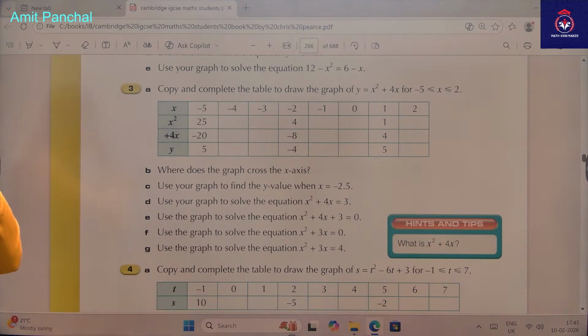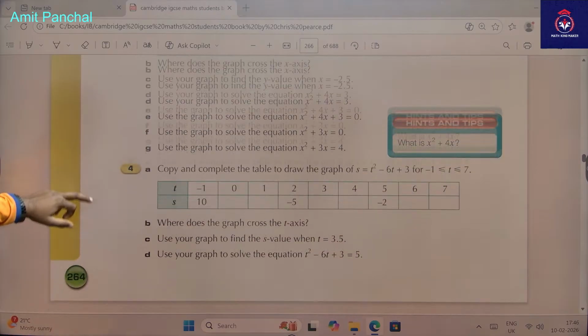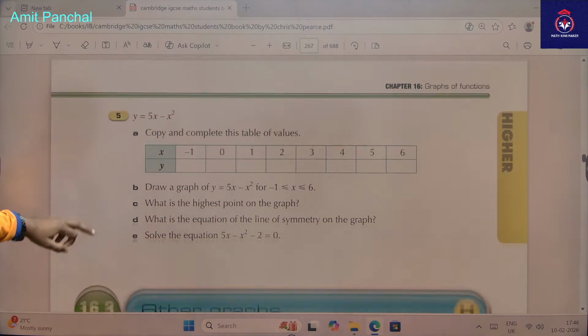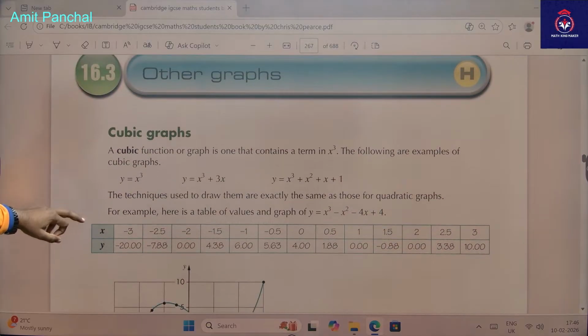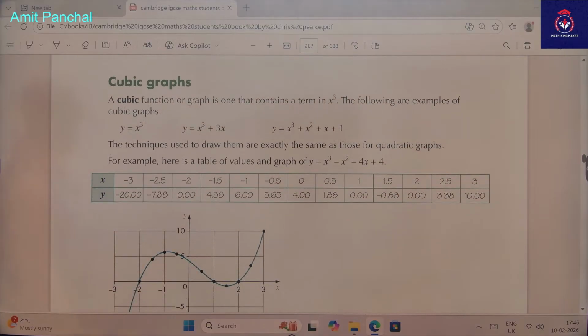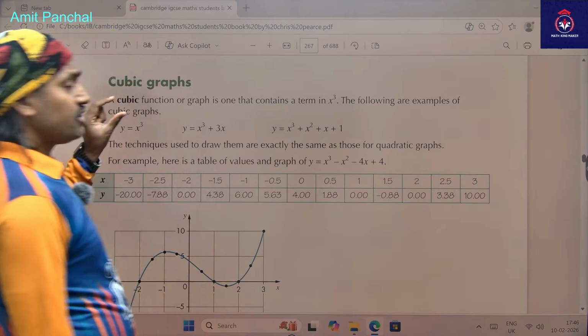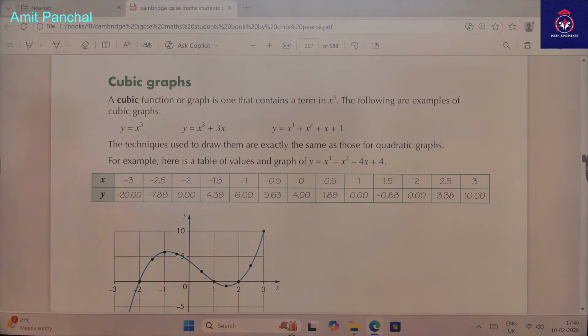Same thing we can do in this question also. This is also the same for the fourth question. Fifth is also the same. Now the other graph is a cubic graph. So a cubic graph will cut the x-axis at 3 different points, as your quadratic equation was cutting the x-axis at 2 points maximum.